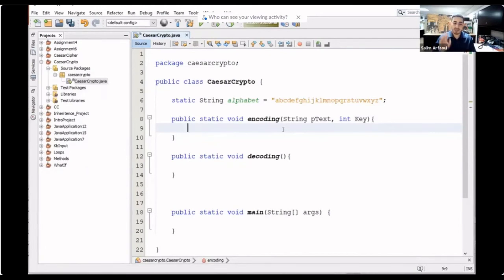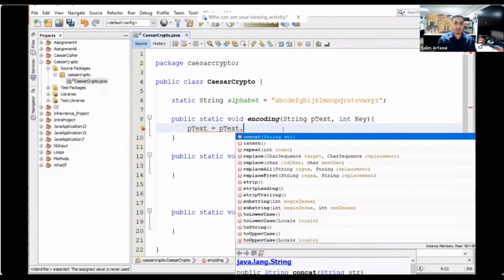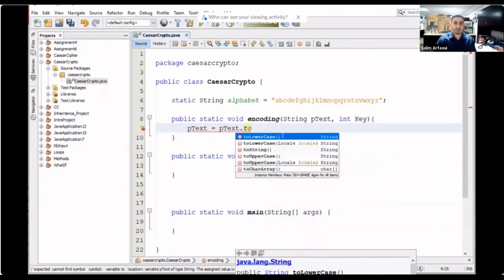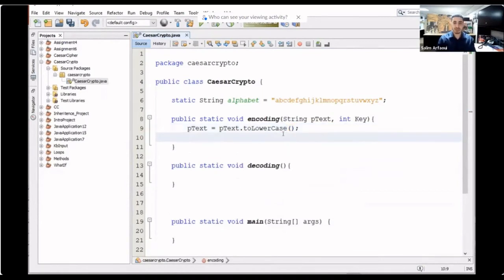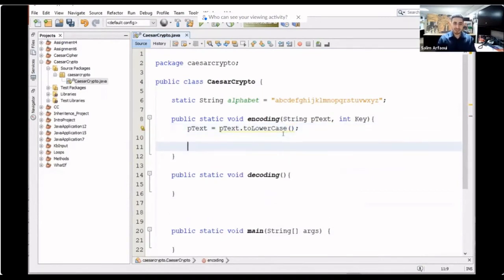Whether it's uppercase or lowercase, automatically they will be turned into lowercase. So the plain text that the user will give me, I'm going to make it ptext dot toLowerCase, right? That's going to turn it into lowercase. By the way, the C++ version of this is much easier.